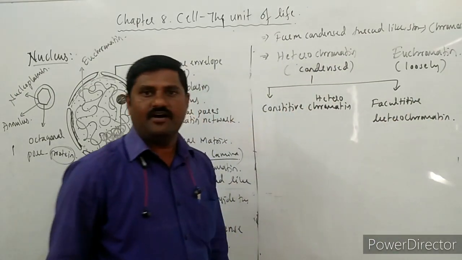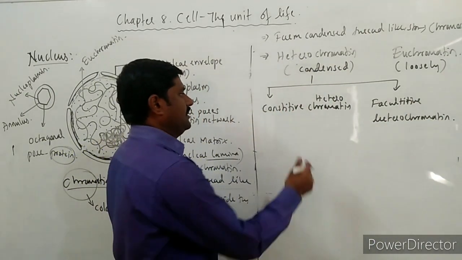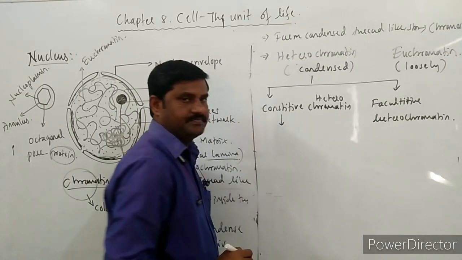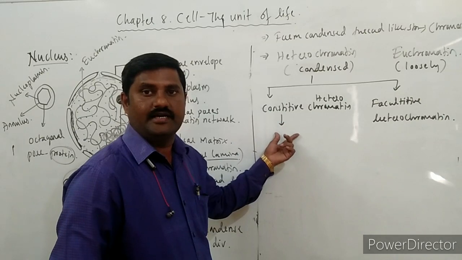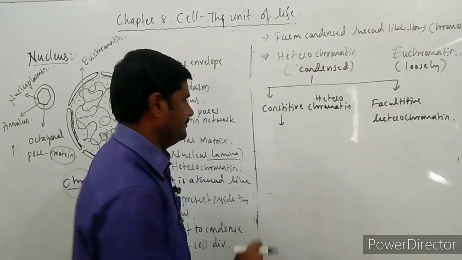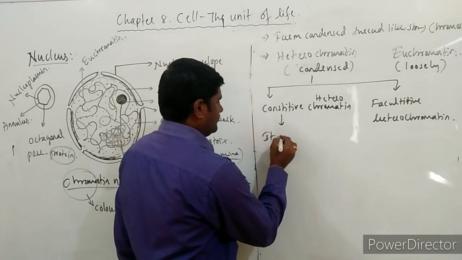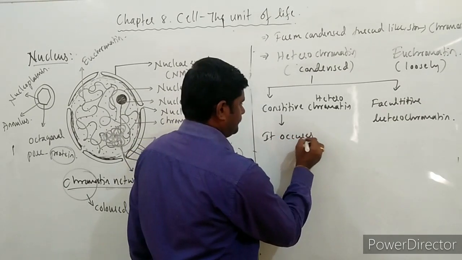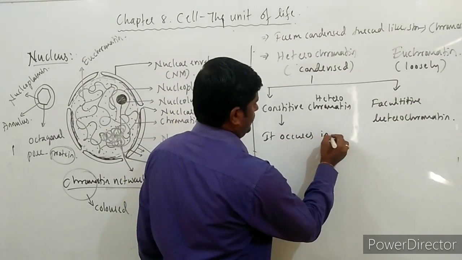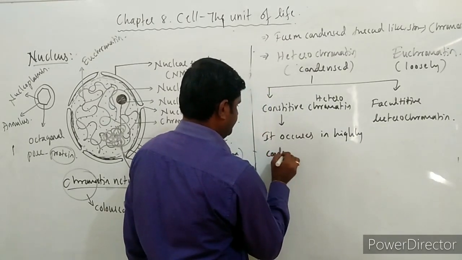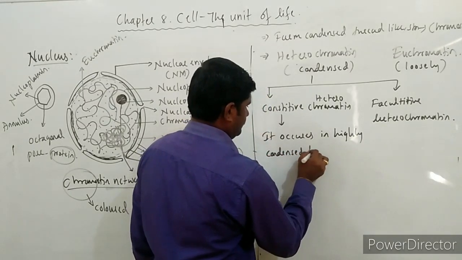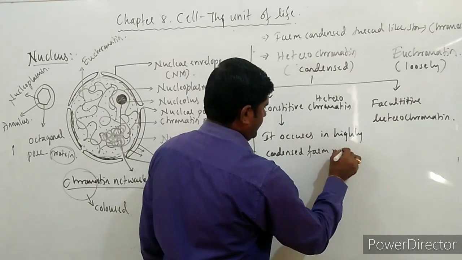These are the two types of heterochromatin that we come across. In constitutive heterochromatin, what happens? It occurs in highly condensed form permanently.